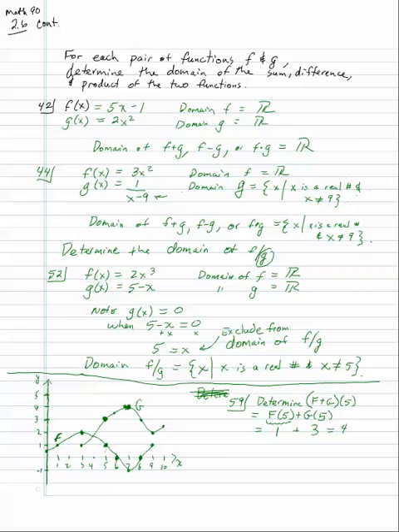Now 62, determine f divided by g of 3, sorry.